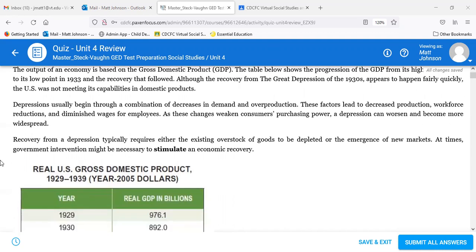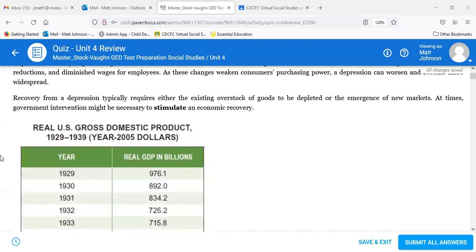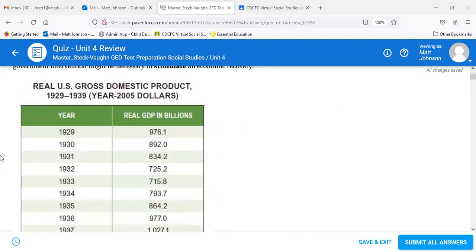All right, so lots of information there, right? And stuff we've looked at. So we'll look at the table real quick here before we answer question 1. Real U.S. gross domestic product. So remember, right? Always look at the title. 1929, 1939. Always consider the years involved, and they're comparing this to the value of the dollar in 2005, right? Considering like inflation and everything. So we have our years in the left-hand column and the real GDP in billions.